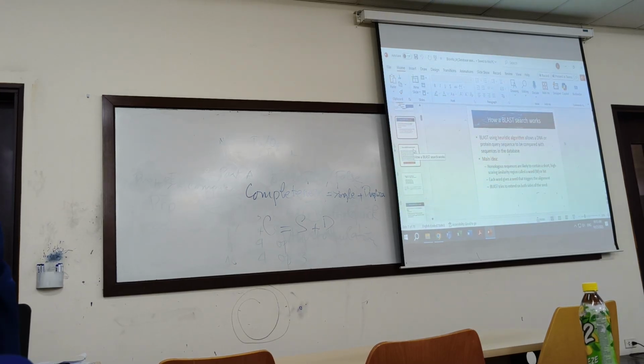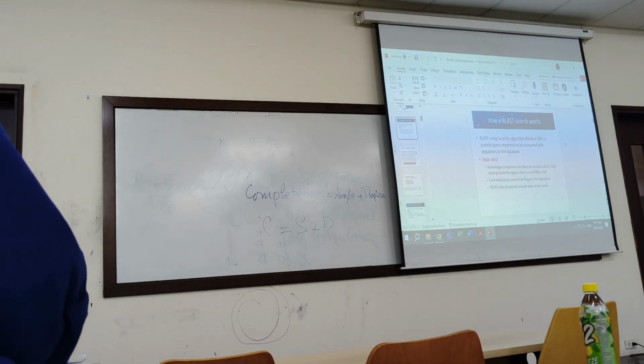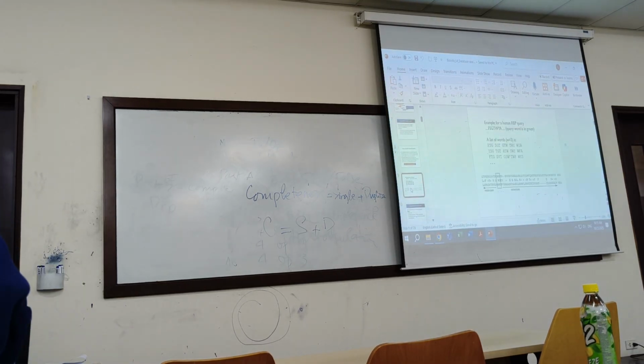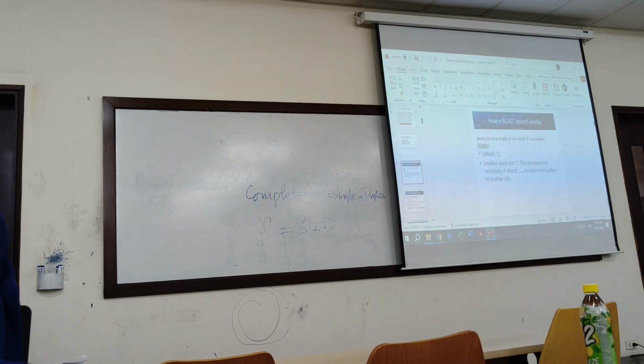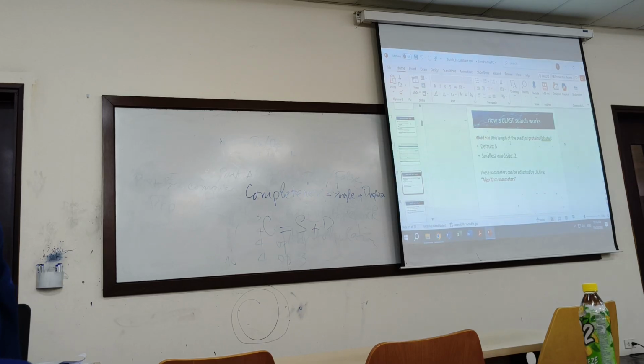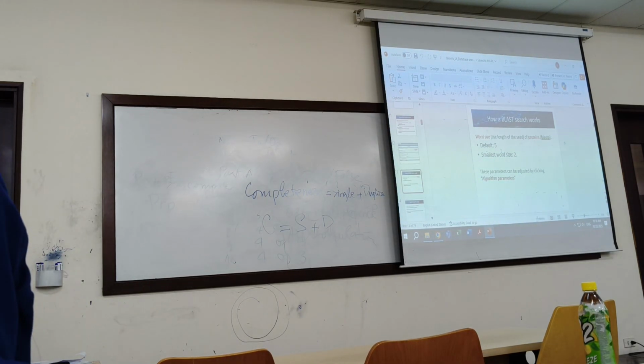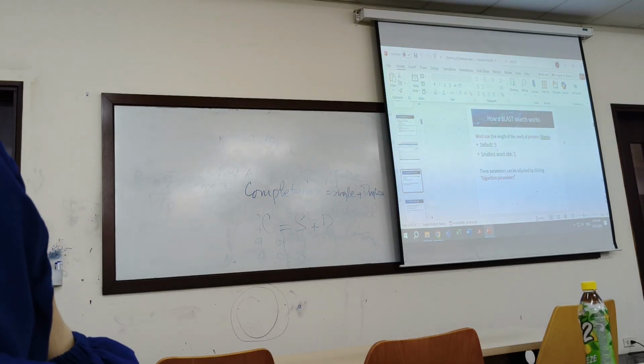And then, how BLAST should work? The idea based on word, and the word size will be different: for nucleotide 11, proteins 5. The main idea here, the word size of protein small.